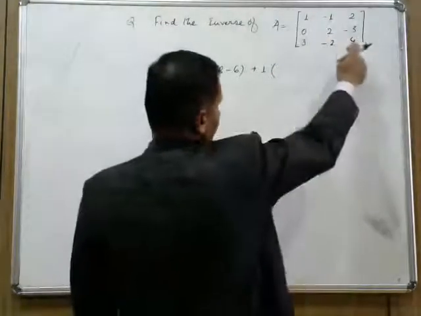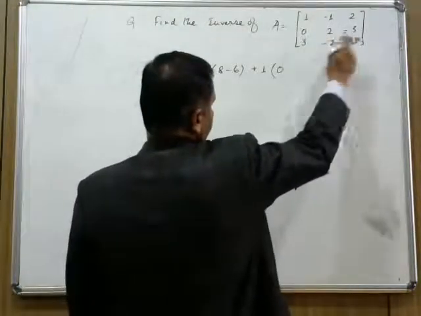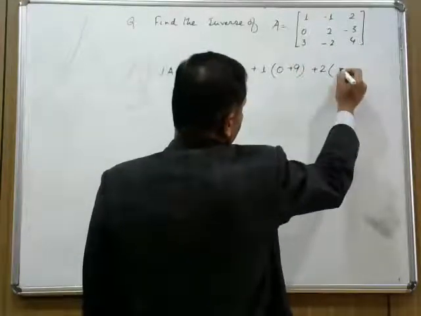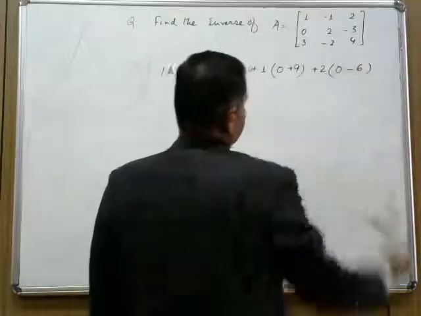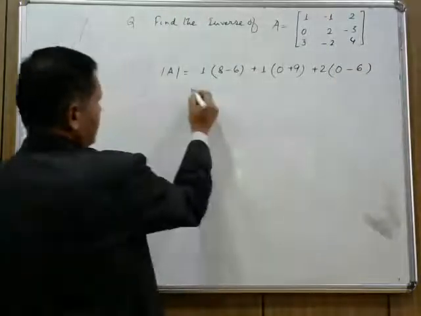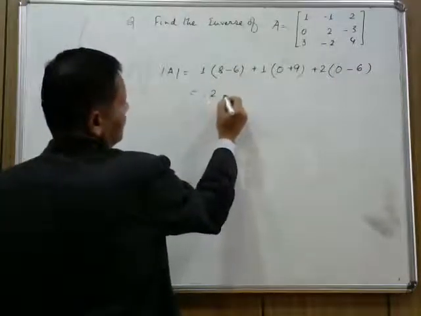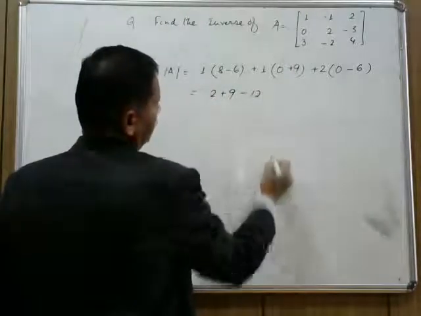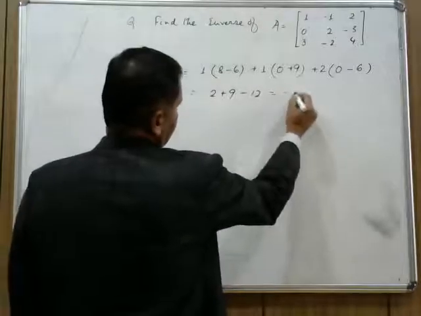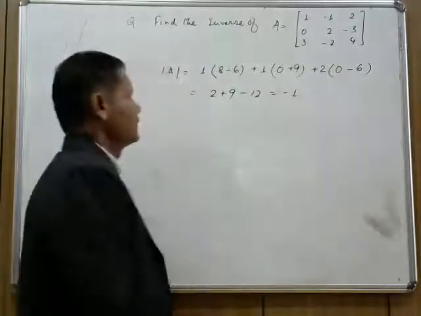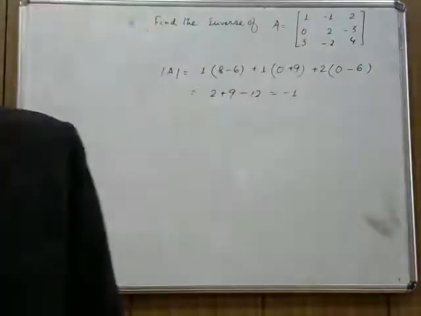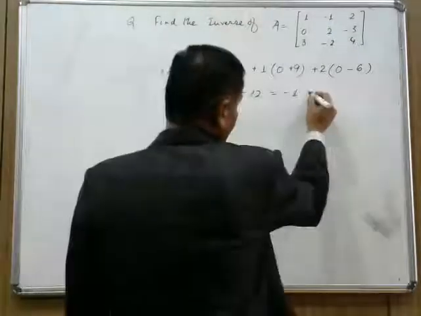Now 0 and minus 9 becomes plus 9, plus 2 into 0 minus 6. This will give you 8 minus 6, 2, plus 9 minus 12, and that is equal to minus 1. The determinant of A is equal to minus 1, which is not equal to 0.